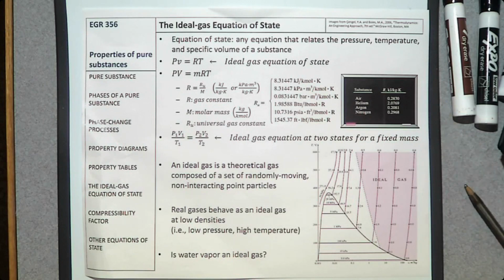So last Tuesday, we studied how to evaluate a property of a phase change material. We had to use property diagrams such as pressure diagram or temperature diagram to determine the phase change process of our system. And then we had to go to the appropriate table to evaluate their properties.